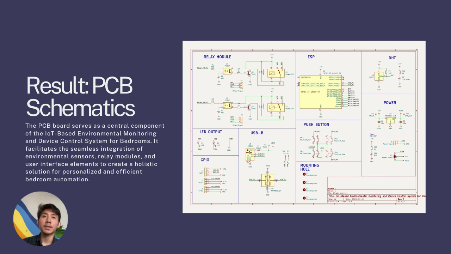We also place several mounting holes, and this is used for easy installation and secure placement of the PCB board within the designated environment, and this ensures stability and reliability. Here we also use the DHT sensor, and this DHT sensor provides real-time data on the temperature as well as the humidity level in the bedroom, so we can always monitor the condition in our bedroom.